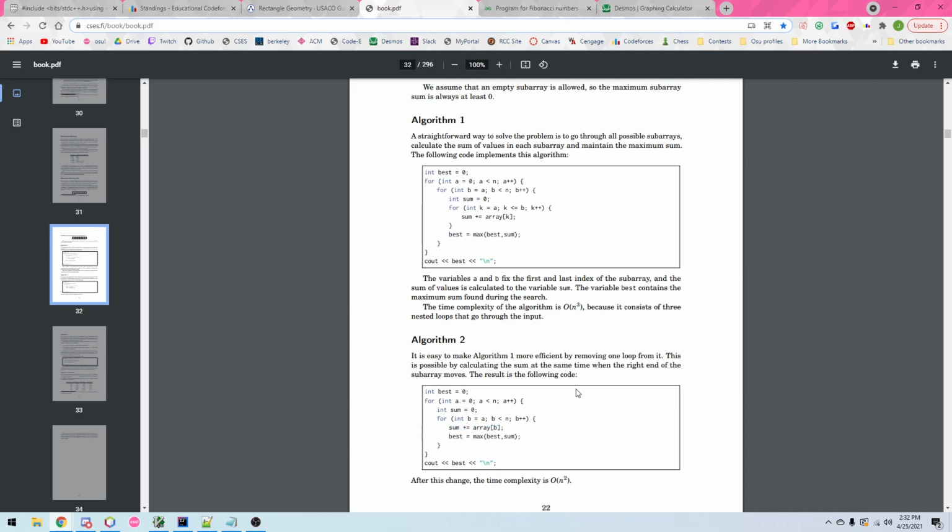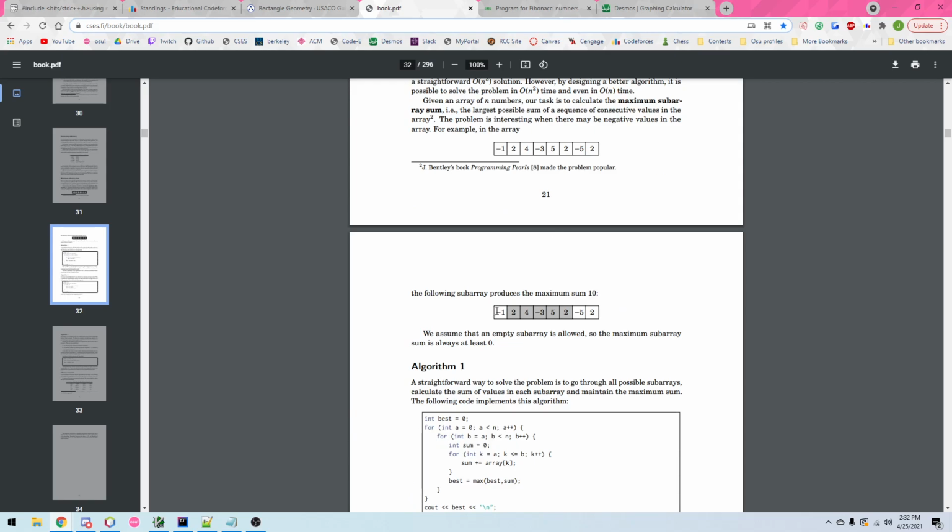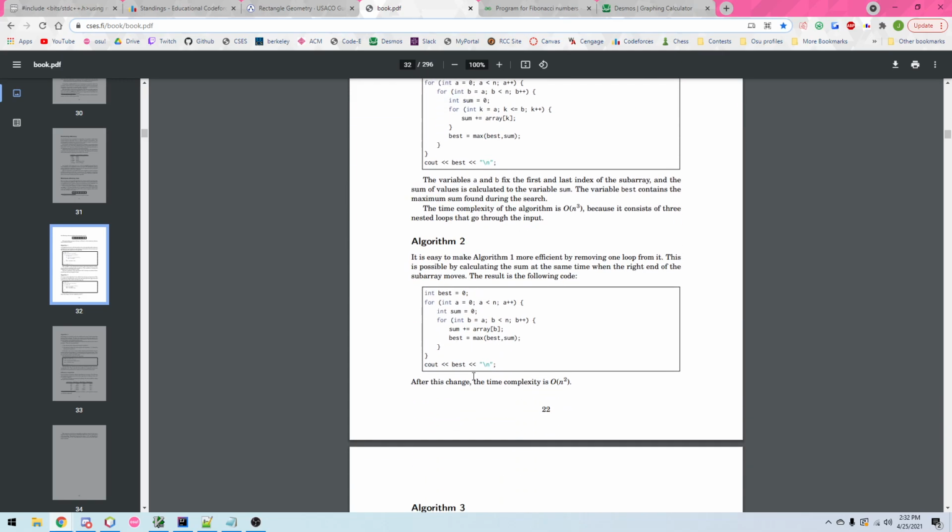So it already has the sum, it's just gonna add that last element one at a time. So let's say you have this, it already has that sum and it's gonna update the maximum, and then it's gonna add this number and update the sum, and then add this number and update the sum, and so on. So that's how this one works. It's a little optimization, but it works in O of n squared.